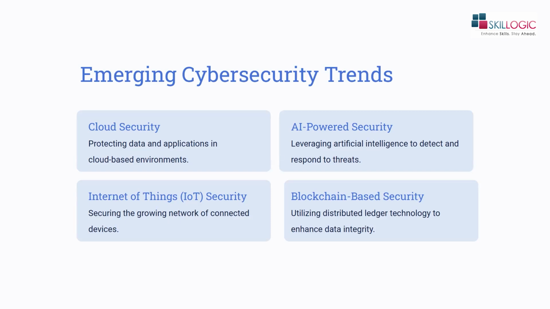IoT attacks are increasing exponentially. We have to safeguard our IoT devices, or else an attacker can get into our network through IoT attacks. Blockchain-based security is also a wonderful field, where many intelligent tools utilize ledger technology to enhance data integrity.